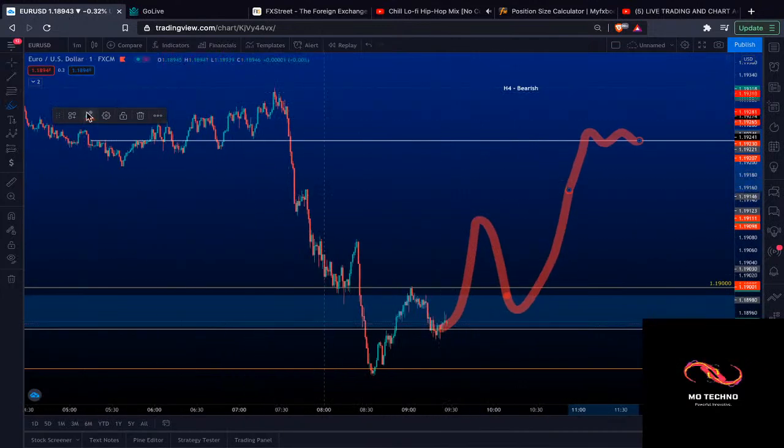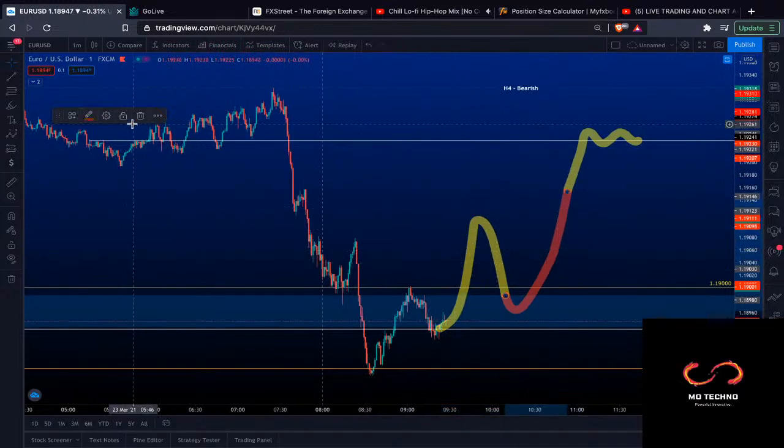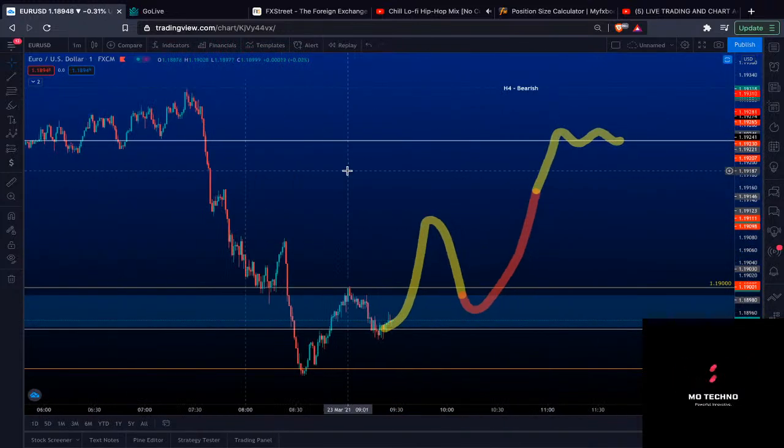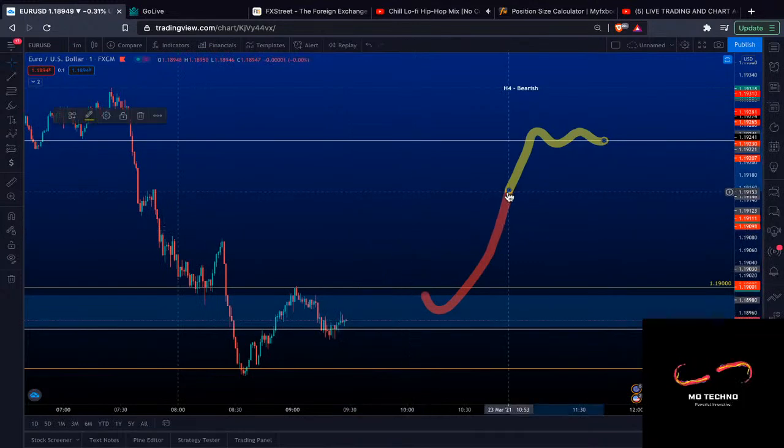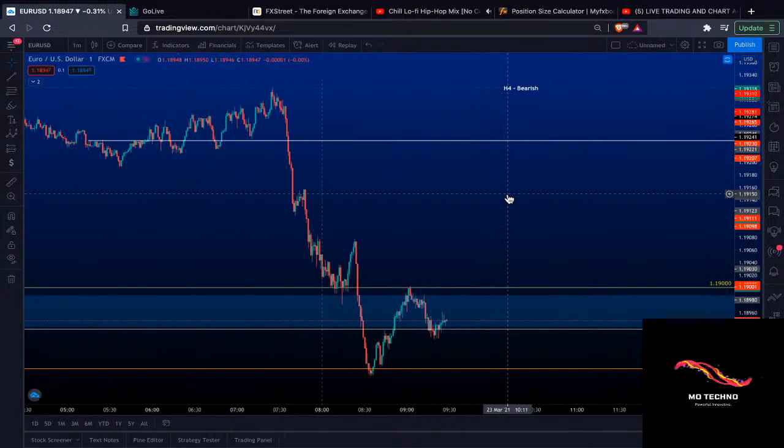So these would be my requirements to go on for a buy, really. Any requirements to take a buy on Euro USD? I would need to see this price action. So far nothing.